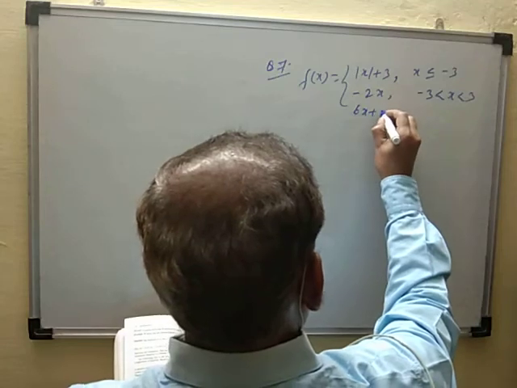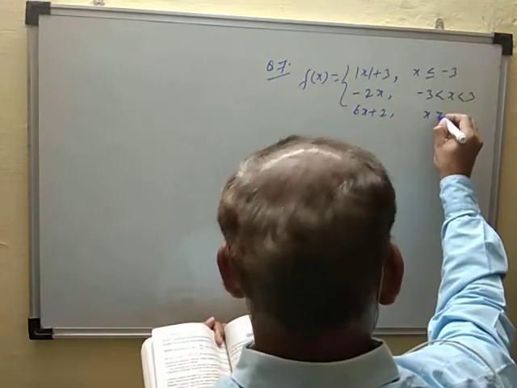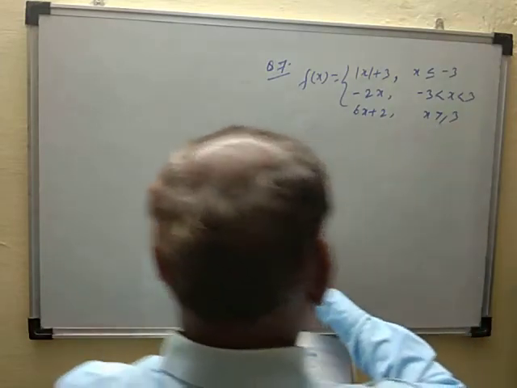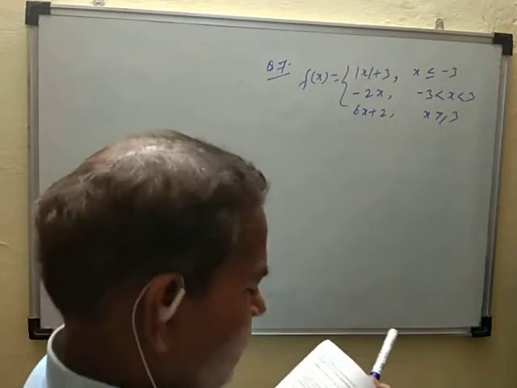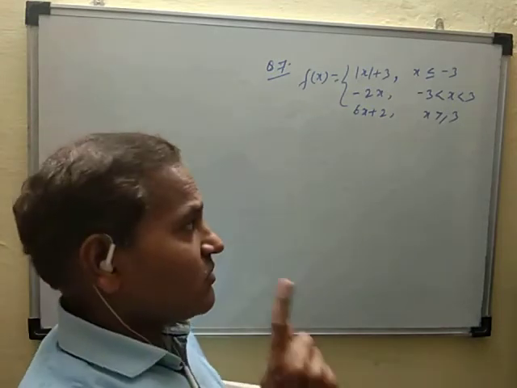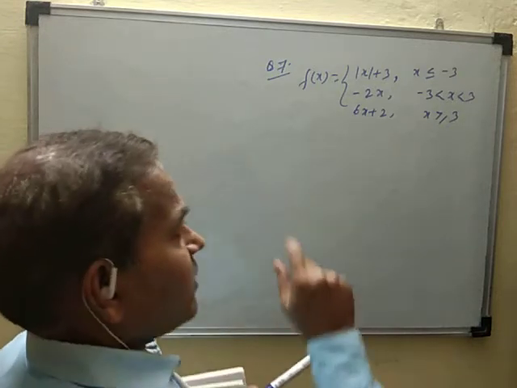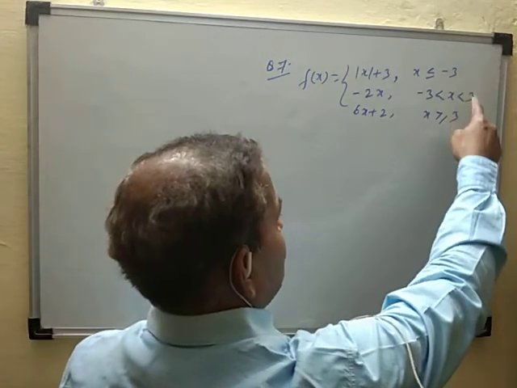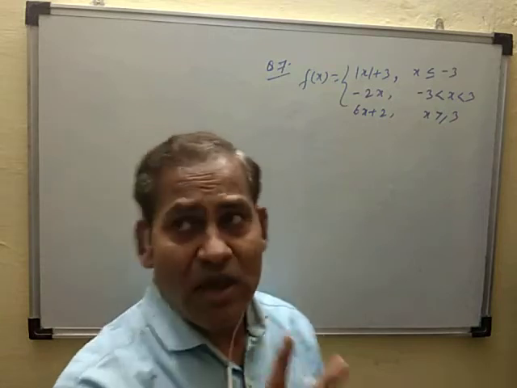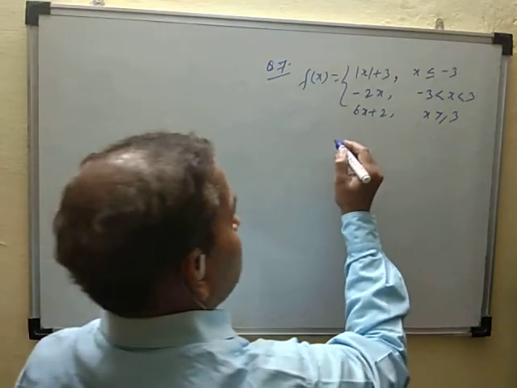Next value is 6x plus 2 if x greater than or equal to 3. Find all points of discontinuity. So first you check what the turning point is. Here the turning points are minus 3 and 3. There are two turning points. So first you check at x equal to minus 3.